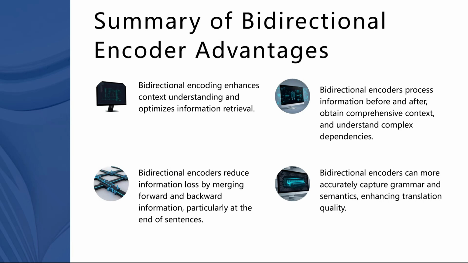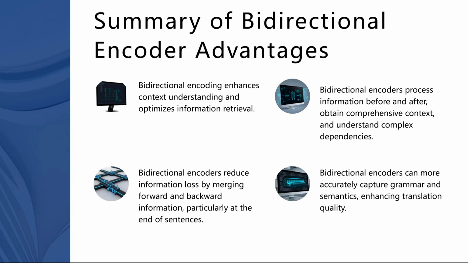In this text translation experiment, the bidirectional encoder performed better than the unidirectional encoder for several reasons. Bidirectional context: it allows the encoder to see both preceding and following content of a word, providing a more complete context, particularly suitable for handling long-distance dependencies. Improved information transfer by encoding and merging forward and backward information.